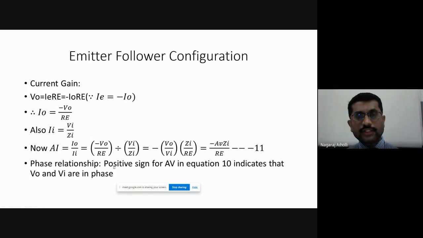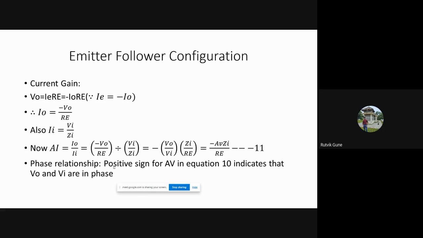Is it clear here, students? Performance parameters of emitter follower configuration. Understood here? Rutik Chopde, is it clear here? Rutvik? Yes, sir.